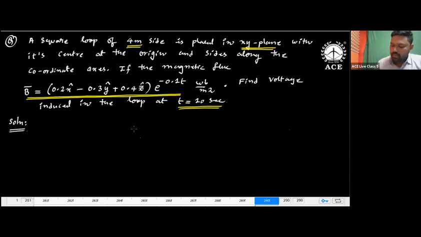Let me draw some rough diagram here. So the loop is placed in the XY plane. That means Z is equal to 0.